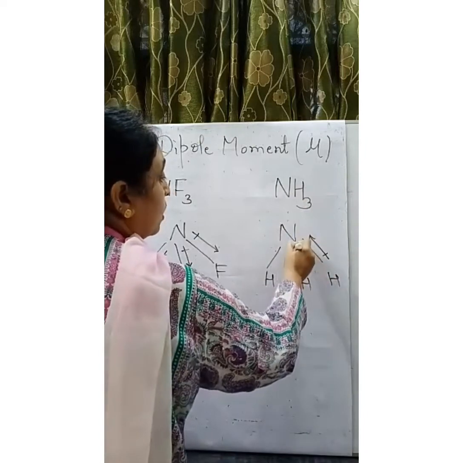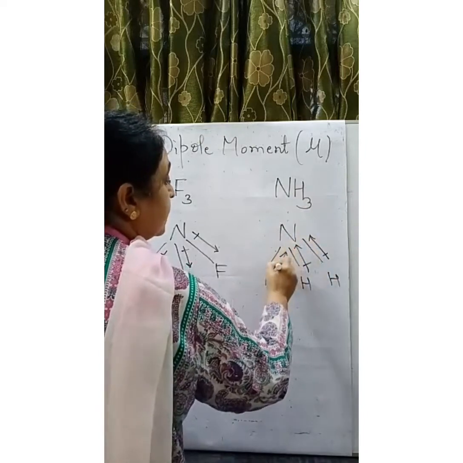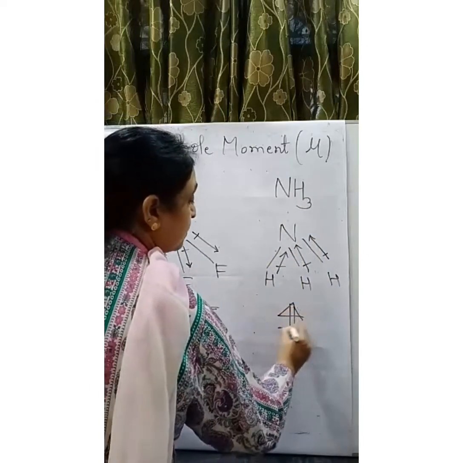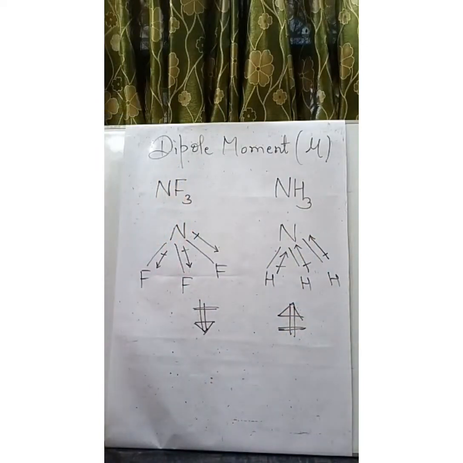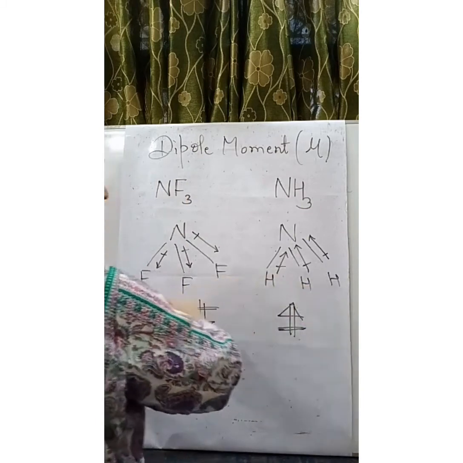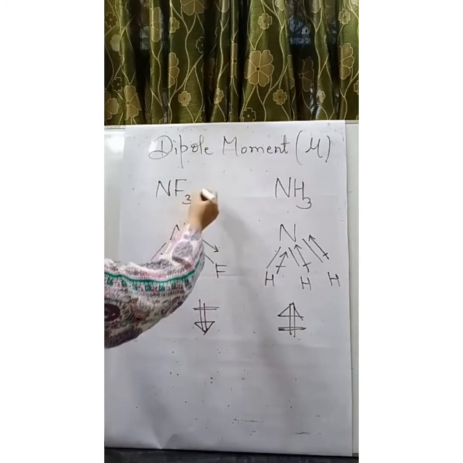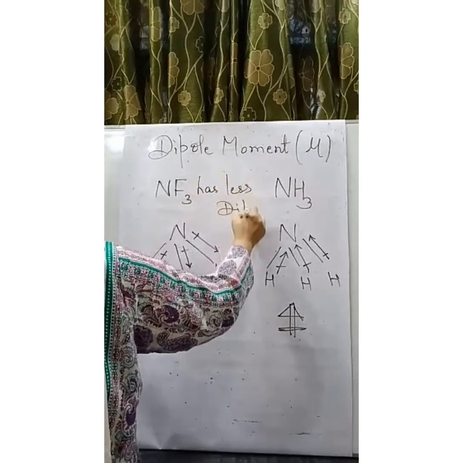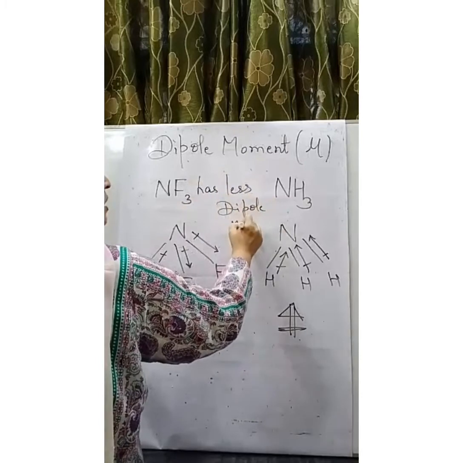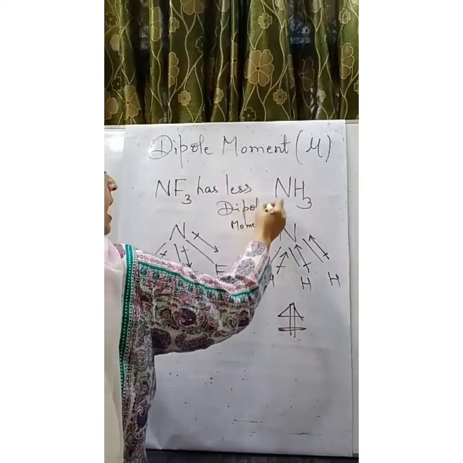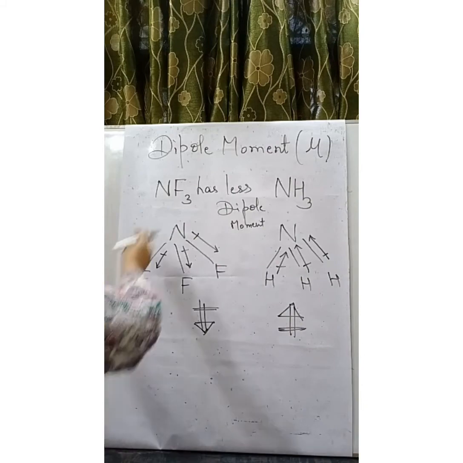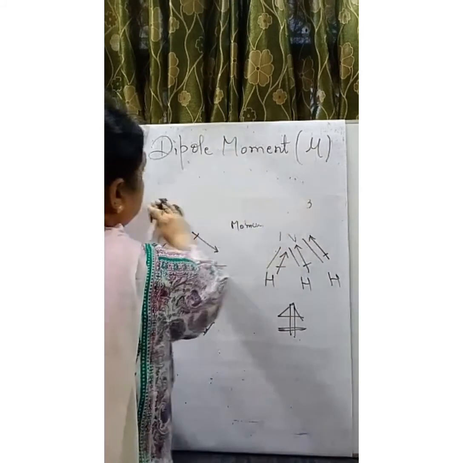So all the dipoles are pointing in the upward direction, and the resultant dipole is pointing in the upward direction. So by comparison, we can easily say that NF3 has less dipole moment as compared to NH3.